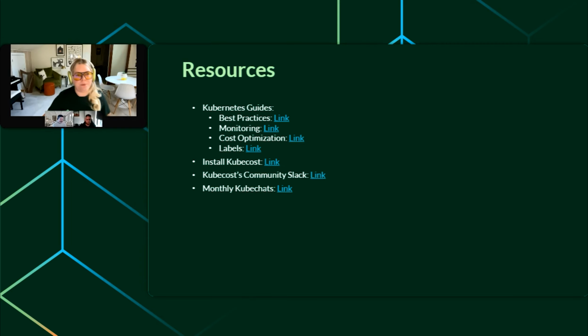So here are some resources we wanted to share with you where you can dig in to learn more about everything we discussed today. If you download the PDF version of the deck on your console, you can click on all these links. We have a slew of Kubernetes guides on our website, probably 15 or so, but I put the most basic ones that relate to this topic here: one about best practices, and one about monitoring and cost optimization.